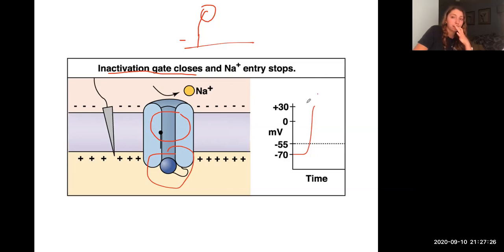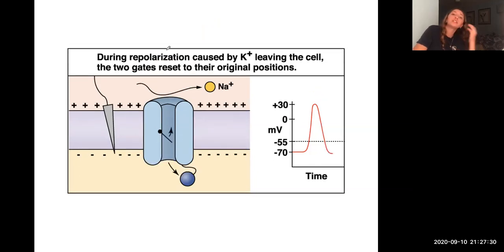Okay. Yeah. So the next one is repolarization, caused by potassium leaving the cell, which causes the two gates to reset to their original positions. That just means that it closes again and it becomes active.